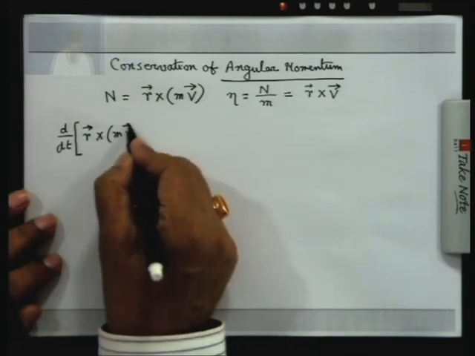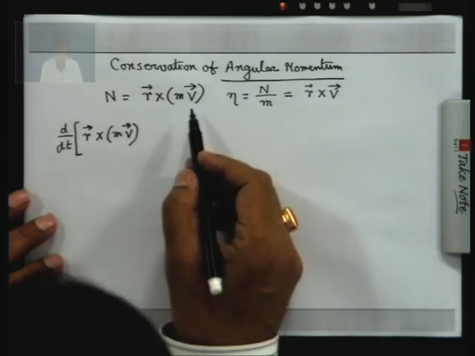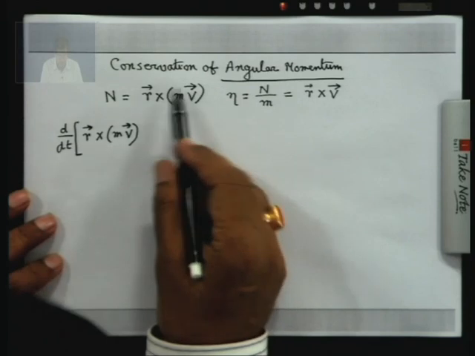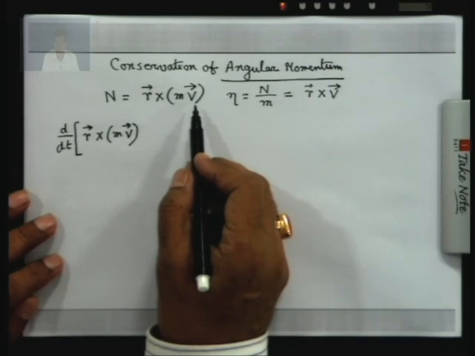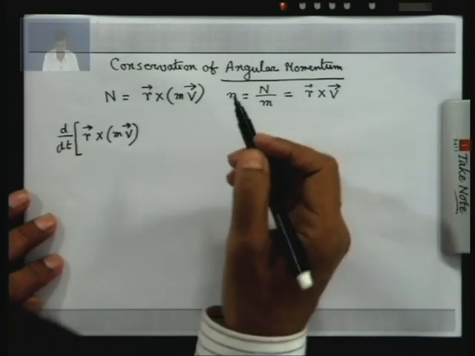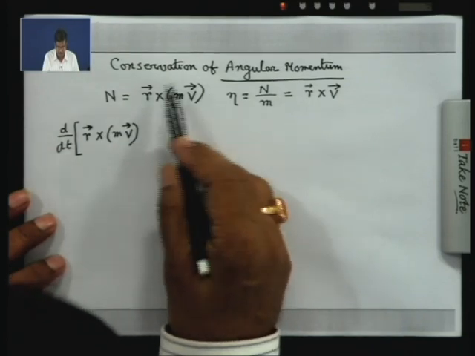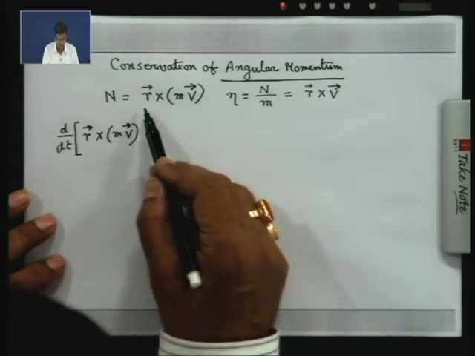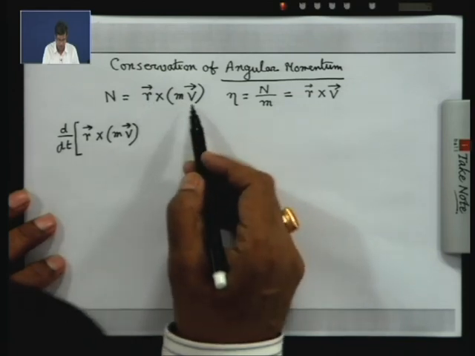Before that, let us take that the angular momentum is described first with respect to an inertial frame of reference, which is at rest or moving with uniform velocity. For our understanding, in the simple case, the inertial frame of reference is purely a static frame of reference where we define the angular momentum, both the radius vector and the velocity.